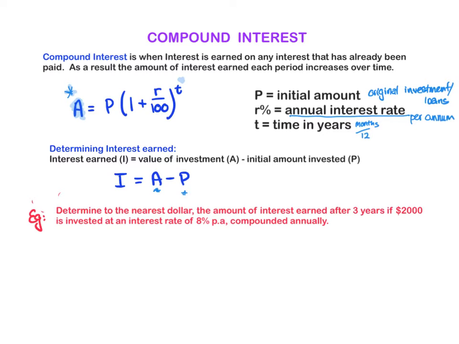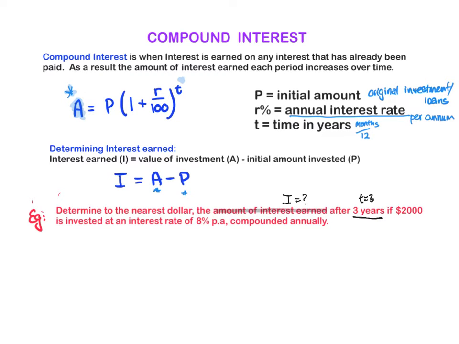So it said, determine to the nearest dollar the amount of interest earned. You should be highlighting that and writing that interest is my question. That's what they want to know. And they said after 3 years, so I'll put T equals 3.